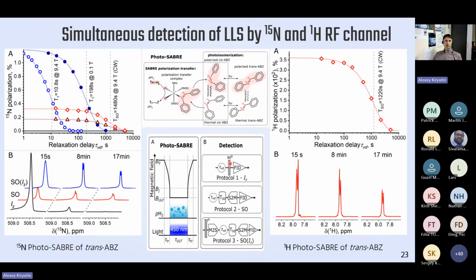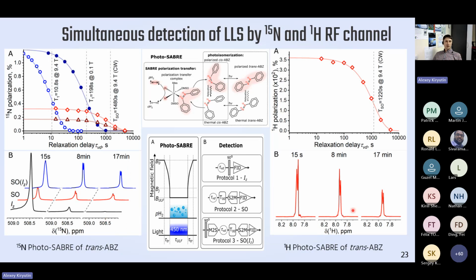The last slide shows the spectra of trans azobenzene and the relaxation kinetics on a logarithmic scale for magnetization at 9 tesla and at 0.1 tesla, as well as the decay kinetics of long-lived spin order in high field under double RF spin lock. It is clearly seen that the LLS signal persists even after 17 minutes, while the magnetization has completely decayed.